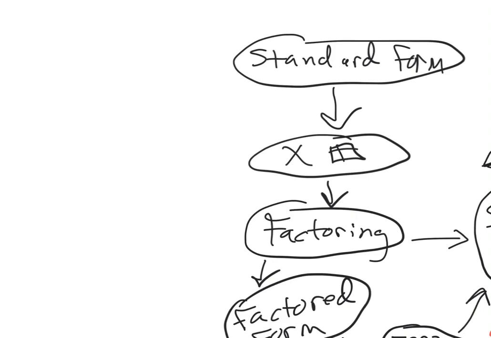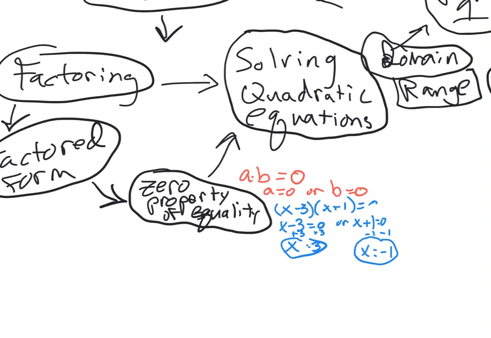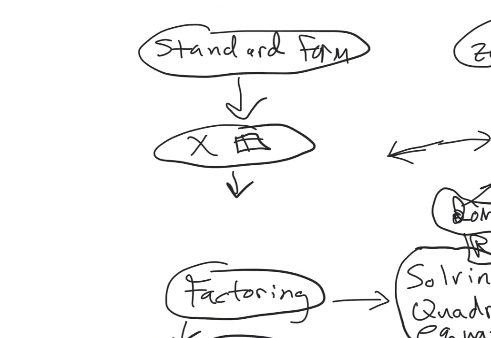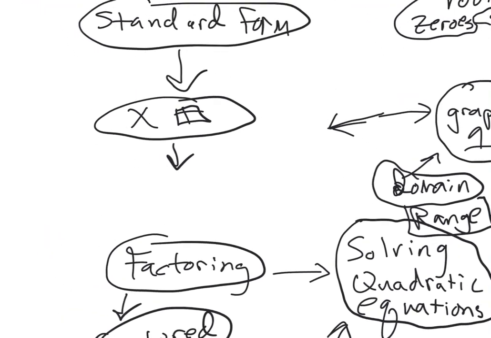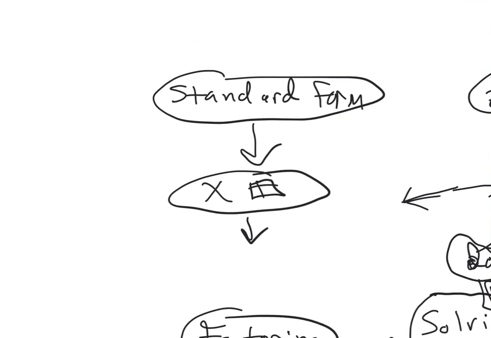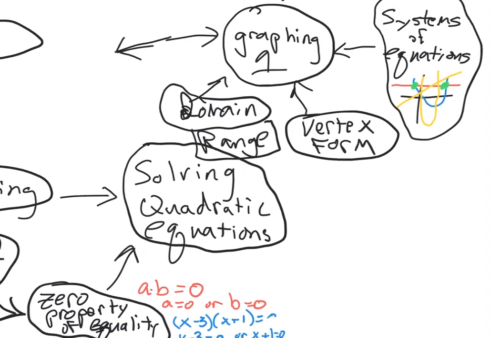And then we can use the zero property of equality. Once we have something like x minus 3 times x plus 1 equals 0, we can use the zero property of equality to solve. But the big idea is we want this standard form to get to factored form.